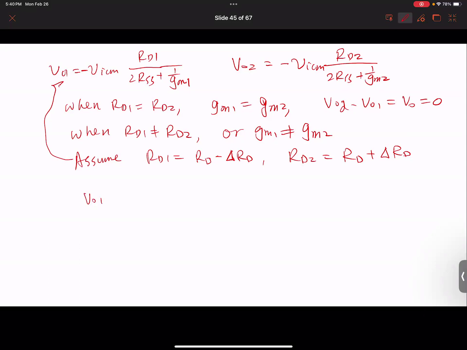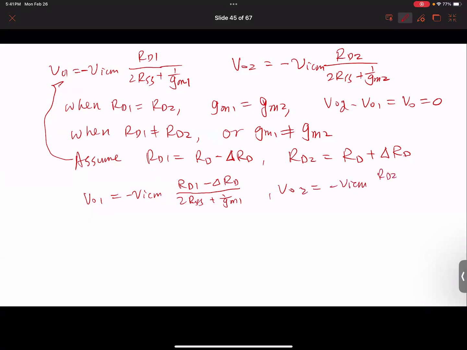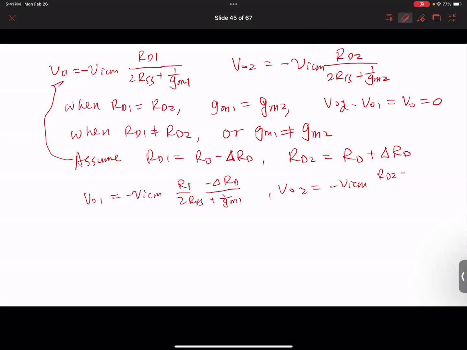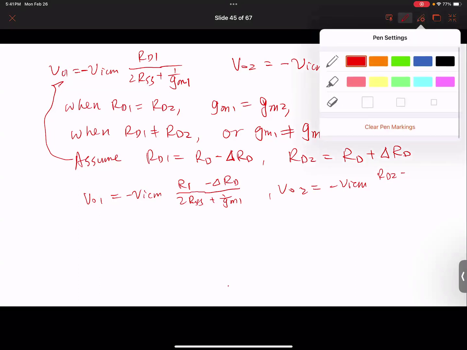So VO1 will be VICM times RD minus delta RD, divided by 2 RSS plus 1 over GM. And VO2 equals minus VICM times RD plus delta RD, divided by 2 RSS plus 1 over GM. In this case, we're going to assume that GM1 is equal to GM2.